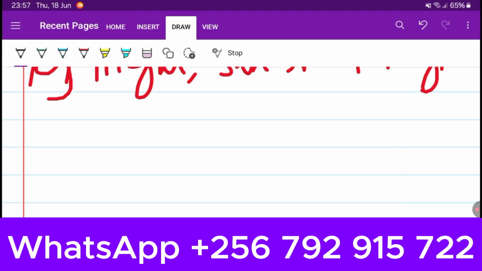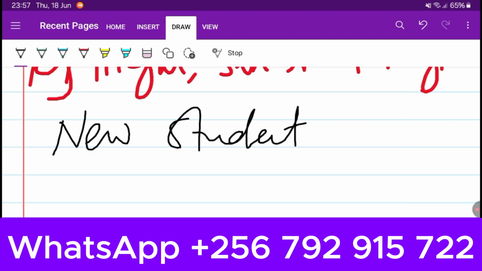For example, if we are looking at students, let's assume that we have got a new intake in the school, and the intake was 30,000 students.